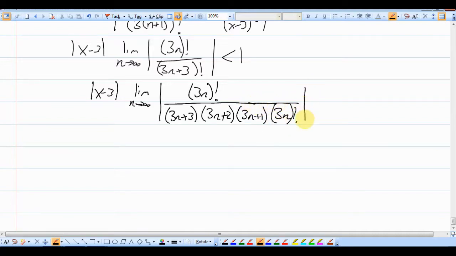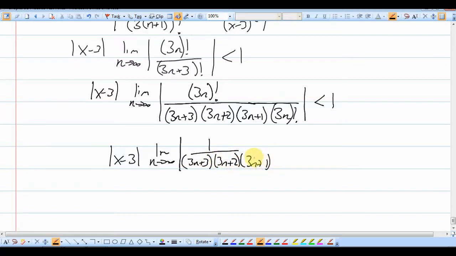Okay. At this point, you should start noticing that there's always going to be less than 1. These cancel out. You get the limit as n approaches infinity of 1 over 3n plus 3, 3n plus 2, 3n plus 1.